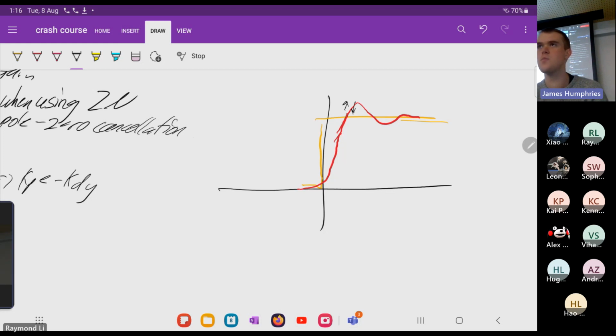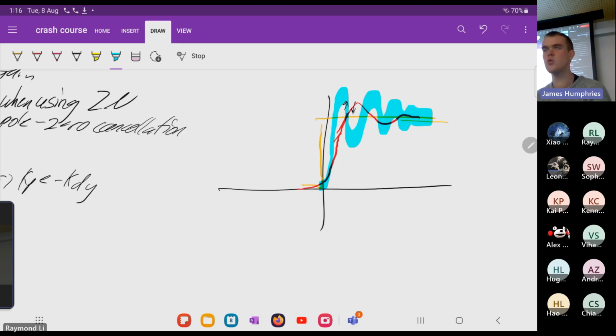So if you make the KD value even bigger, what can happen is you might end up with a response that looks like this, where it goes up faster and then down and then up and then down and up and down. But the actual overall time itself is still relatively the same.